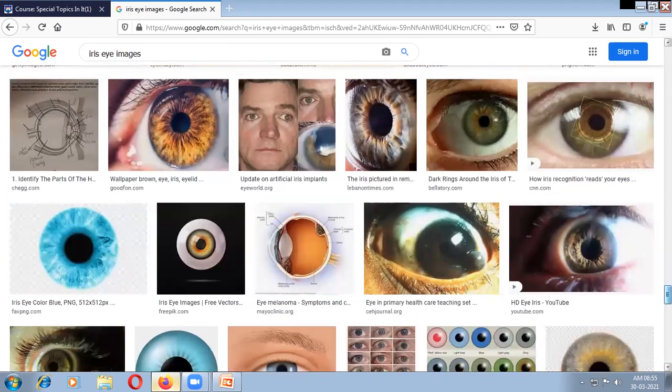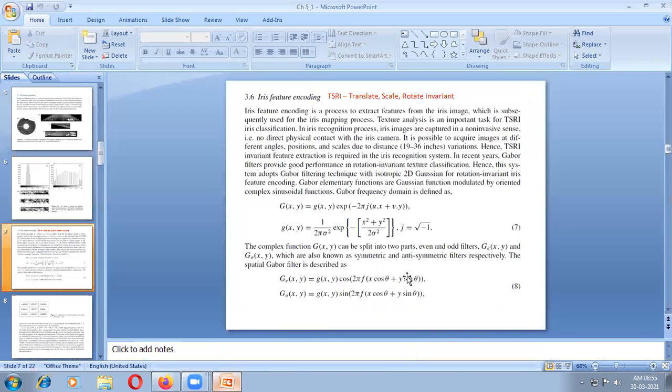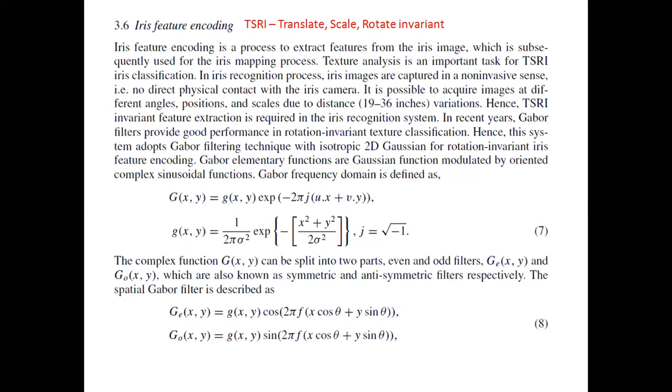That problem is going to be solved using the Gabor filter, because the Gabor filter already has a 2D Gaussian filter. For example, in the iris recognition process, iris images are captured in a non-invasive sense.